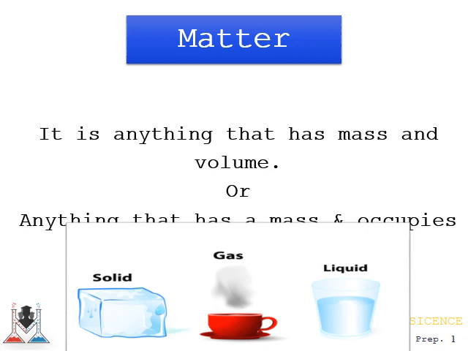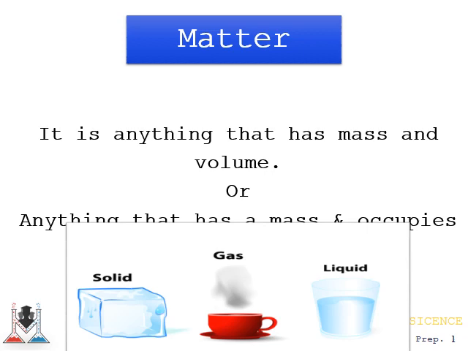And when you try to put another table in this place, you can't. Why? Because the first table occupies the space, so it has volume. This table is a solid substance and it has mass and it has volume, so it's matter.